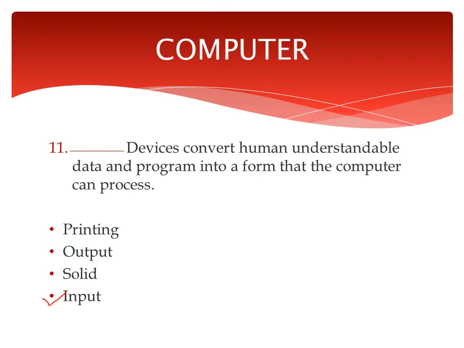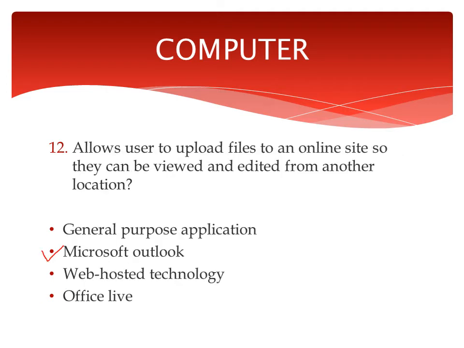Correct answer is input. 12th question: allows users to upload files to an online site so they can be viewed and edited from another location. First, general purpose application; second, Microsoft Outlook; third, web hosted technology; fourth, Office Live. Correct answer is Microsoft Outlook.